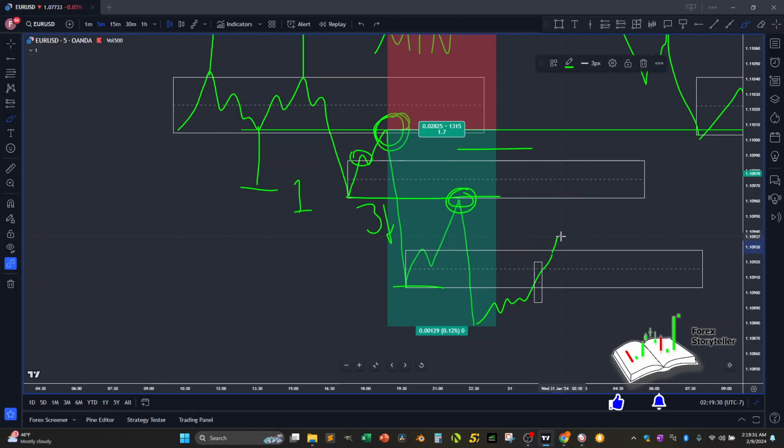So oftentimes you'll commonly see it break up just past, retest the top of this zone. It may even make another zone, or it will come back down to a zone that we have here in order to do a reversal.